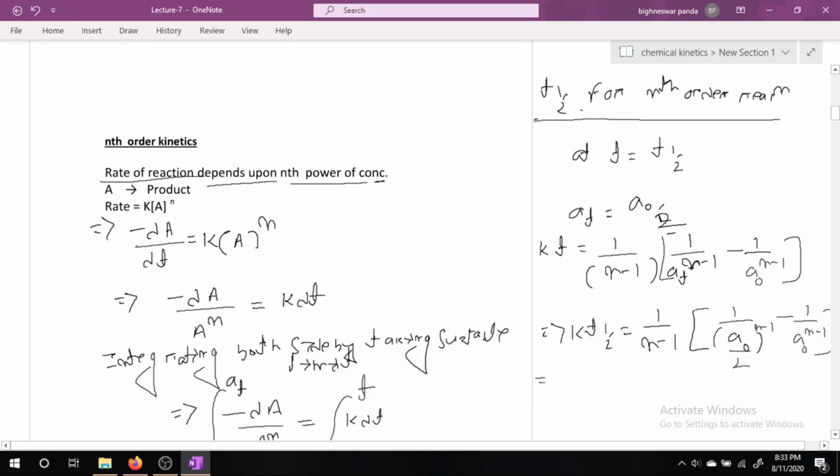By solving this, I get t half is equal to 1 by K into 2 to the power n minus 1 minus 1 divided by n minus 1 into A naught to the power n minus 1.